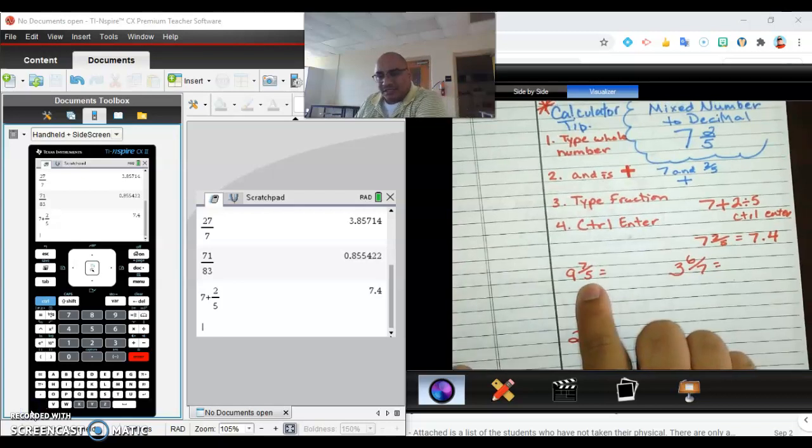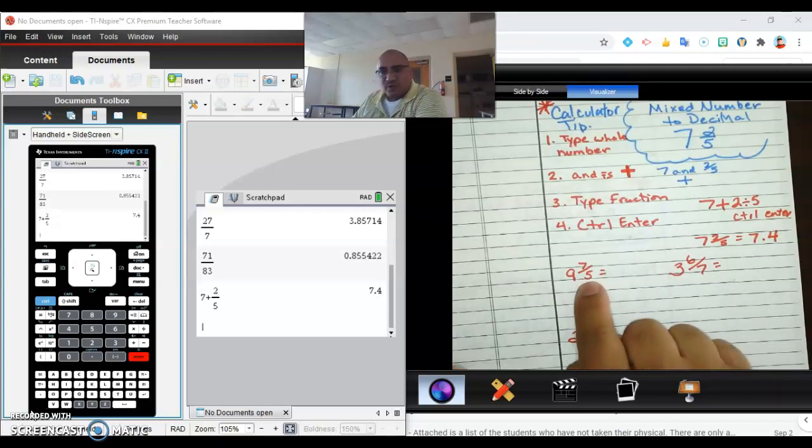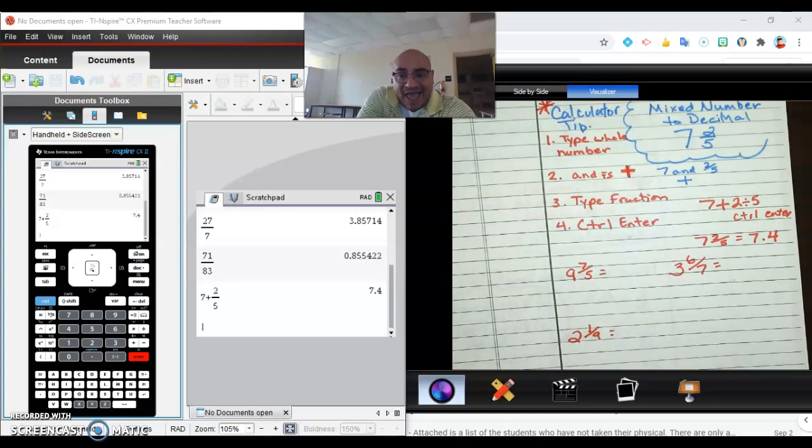All right, I did write 3 more problems down: 9 and 7/5, 3 and 6/7, and then 2 and 1/9. So let's practice typing in 9 and 7/5. On the calculator, 9 plus 7 divided by 5 and then Control Enter.